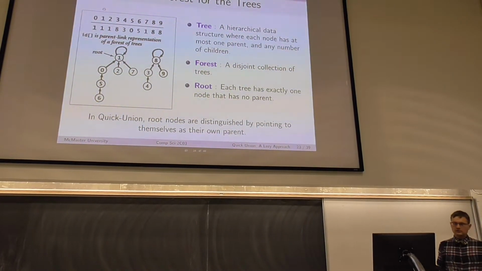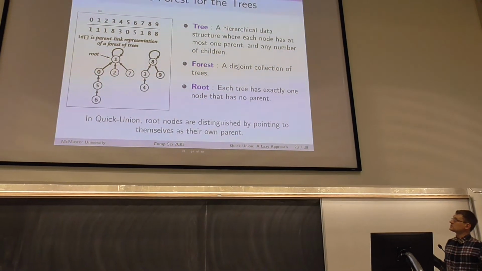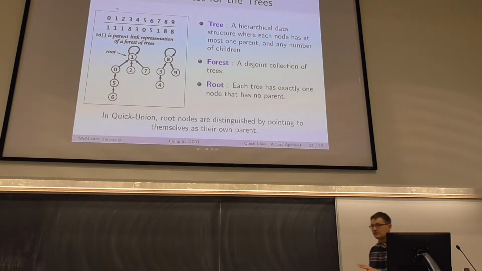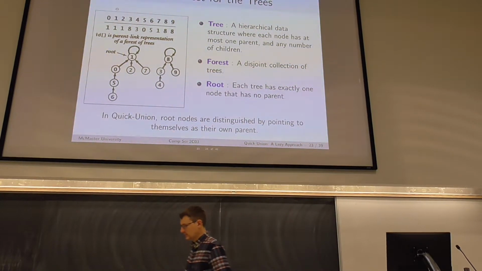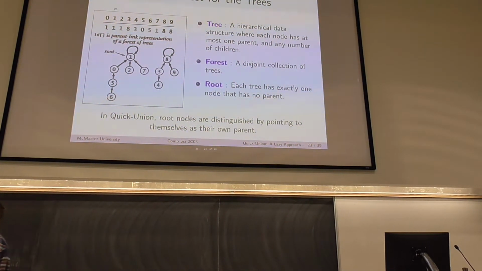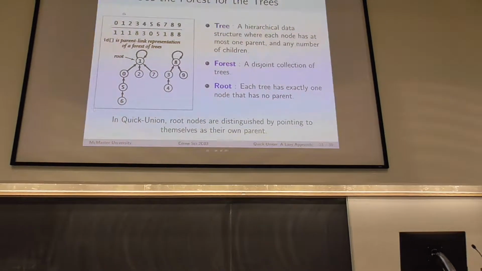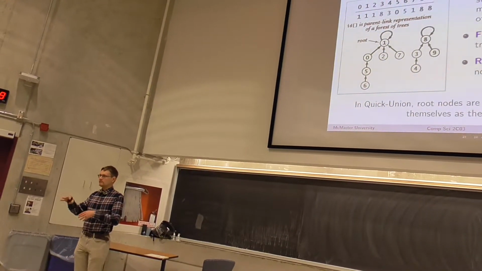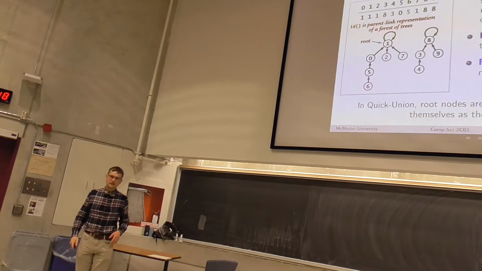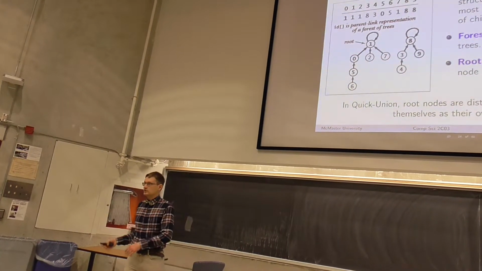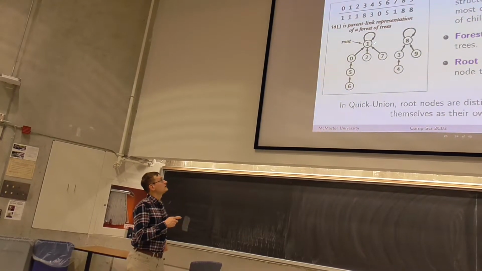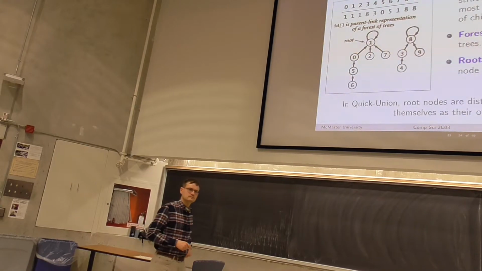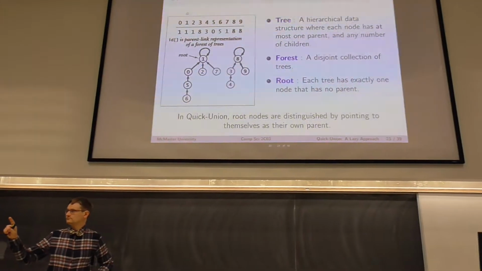So, in quick union, root nodes are distinguished by pointing to themselves as their own parent. In some other versions of tree algorithms, you might see the root node have a null pointer to its parent. In this one, the distinguishing characteristic is this little self loop. You guys with me so far?